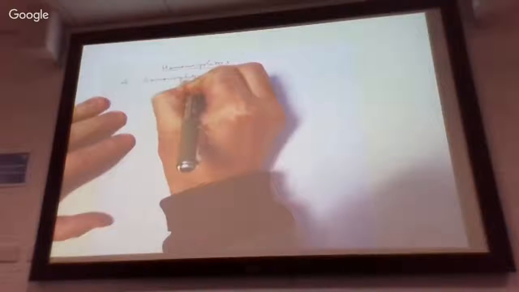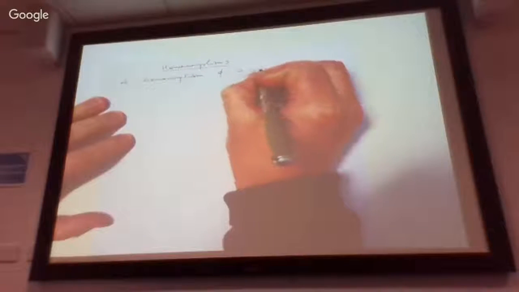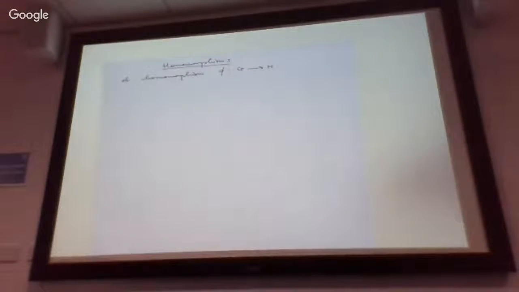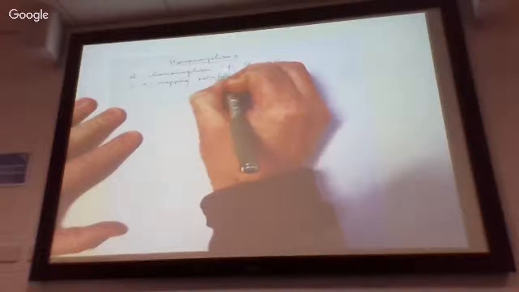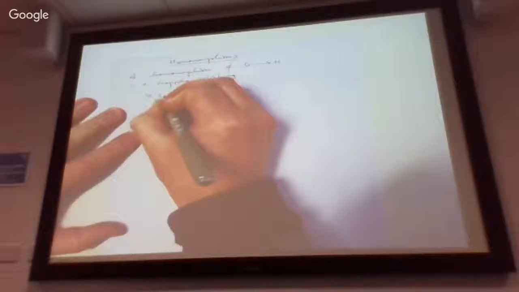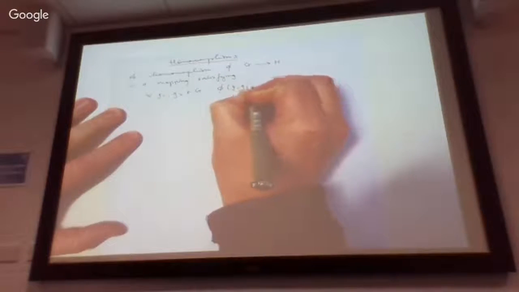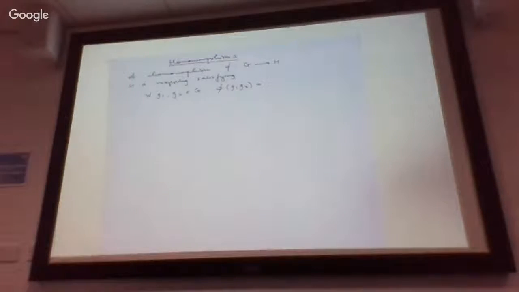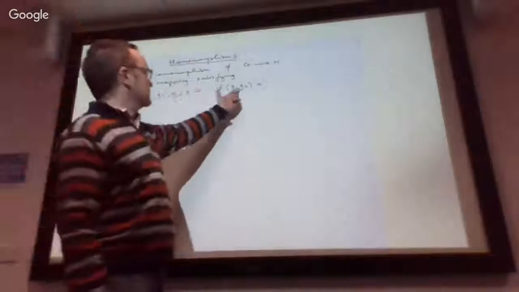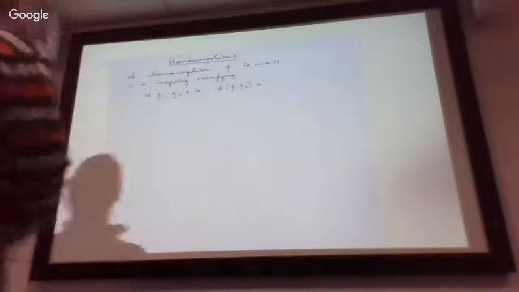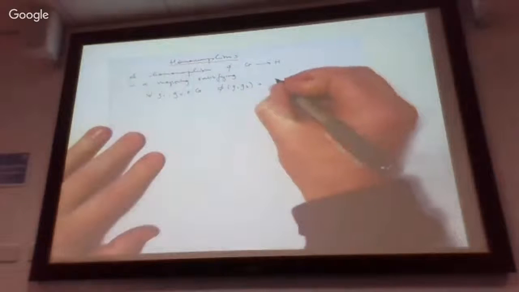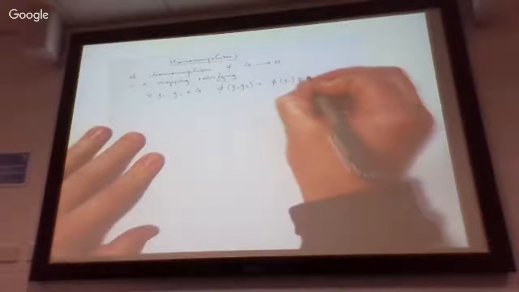And so a homomorphism phi from one group G to another one, H, is a mapping satisfying, and we've already seen this condition, the property that for every pair of elements from G, phi of the product g1 times g2, which is taking place in G, must be the same as phi of g1 times phi of g2.